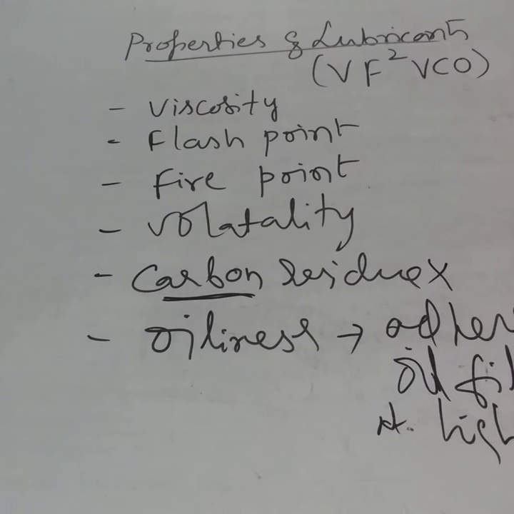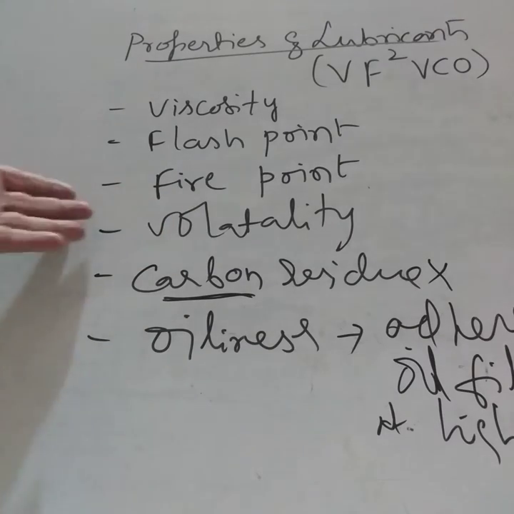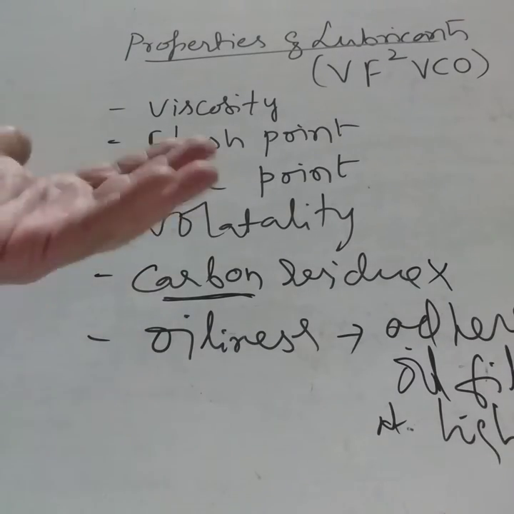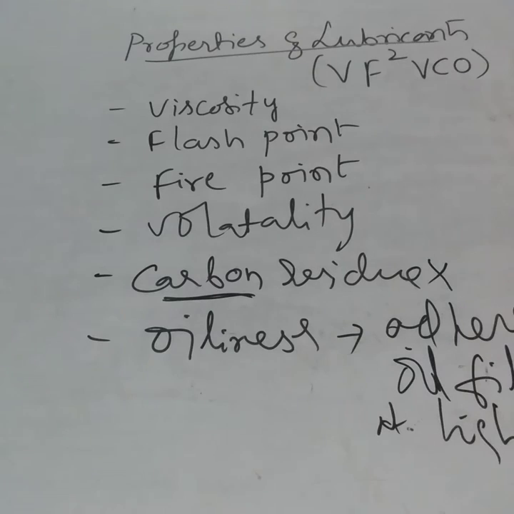Carbon residue is the deposition of carbon on the surfaces, so the lubricant should not deposit such carbon residue. And then oiliness is the adherence of the oil film on the surfaces, and the adherence of oil should not be disturbed even at high temperature. These are all the properties of lubricant.